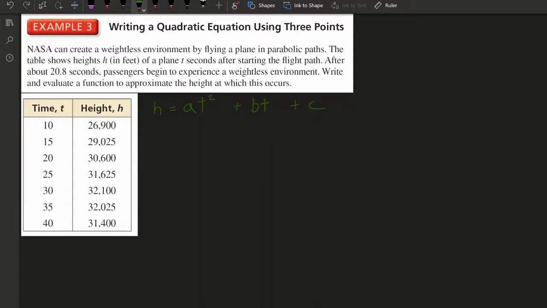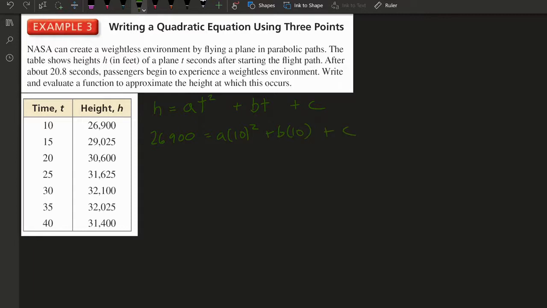So if we use 3 of these values here, what we can do is say the height is 26,900 and that's when time is 10 seconds. So that would be a times 10 squared plus b times 10 plus c.